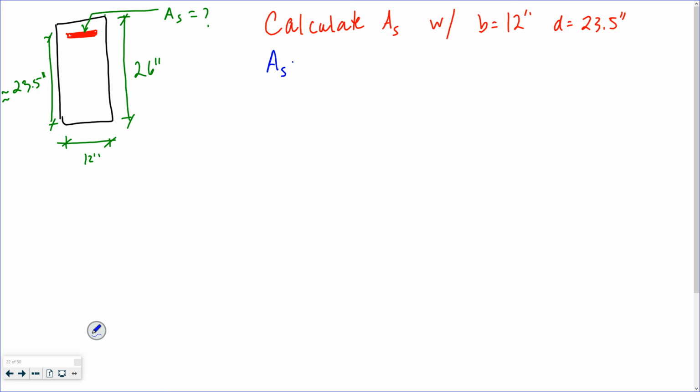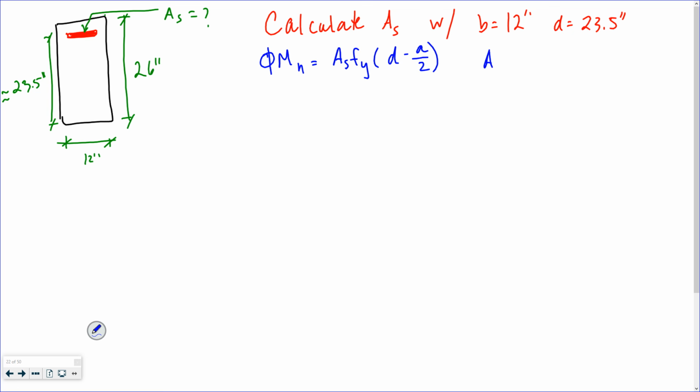I have AS equal to my MN, right? I have my VMN is equal to AS FY times D minus A over 2.